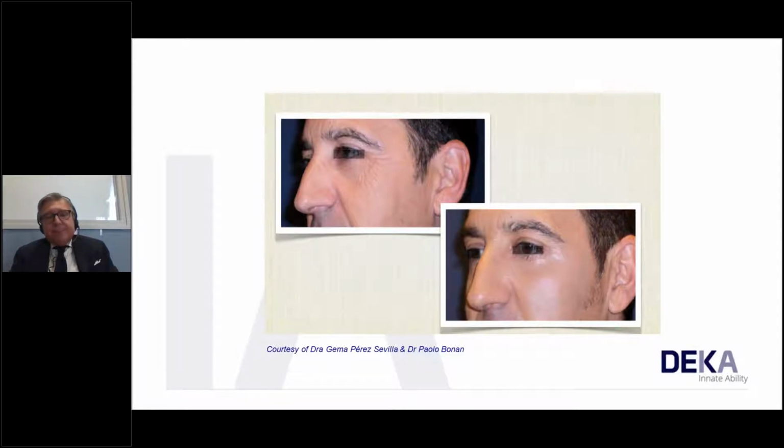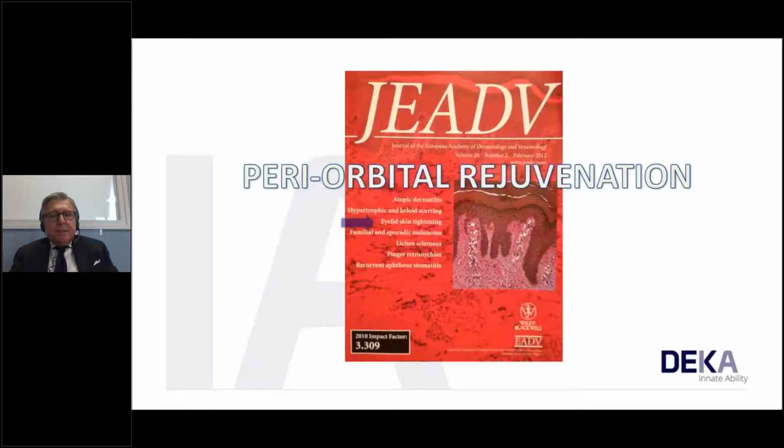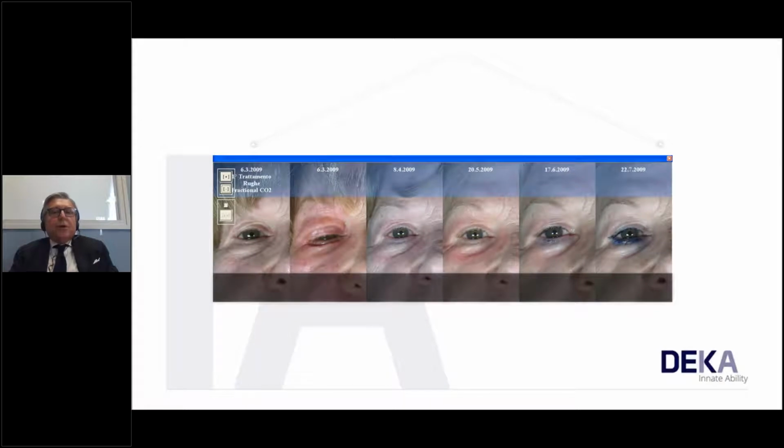I would say that we can get a peak redness around 24, 48 hours, but as seen maybe in this case, in the periorbital rejuvenation, we published in 2012 in JDV the fractional treatment of the eyelid, and you see the sequence of the event, of the appearance.